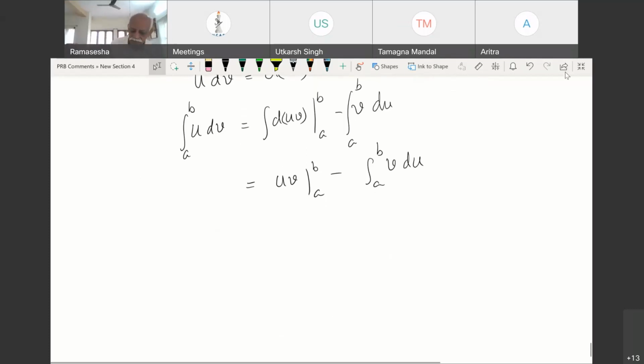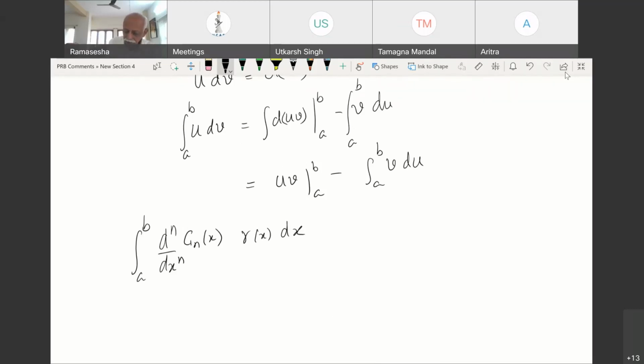So I use this formula and I want to evaluate the integral of d^n by dx^n of g_n(x) times r(x) dx. What I'll make sure is that I treat r(x) as u and the derivative as dv.